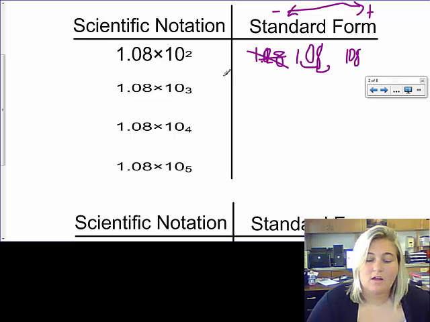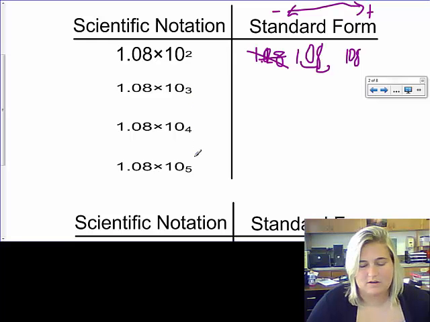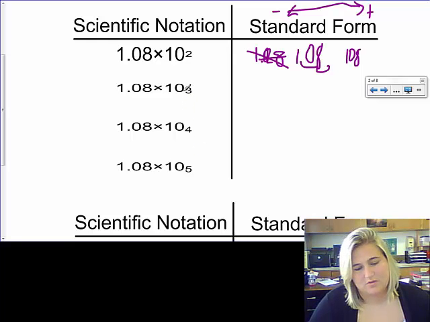Now, on the next one, it's a 3, and those are written as subscripts instead of exponents for whatever reason. Please ignore that.